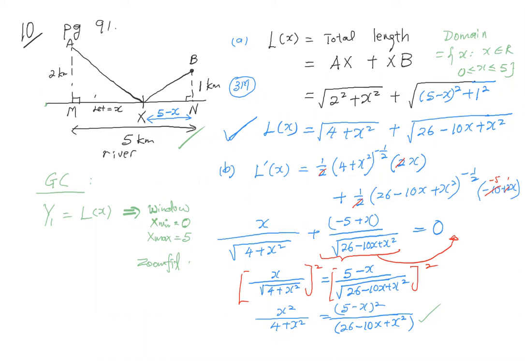Okay, I'm going to look at it. So the minimum point you get is 1.553. If it's wrong, please let me know.